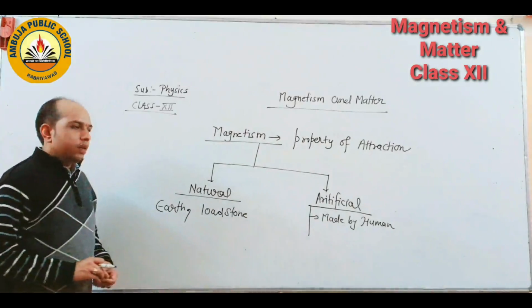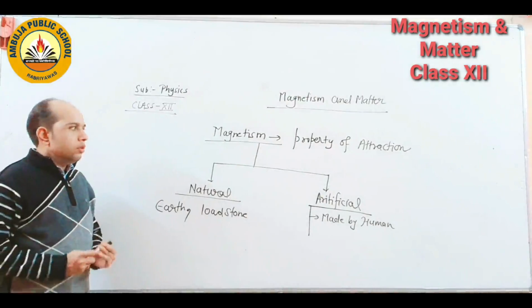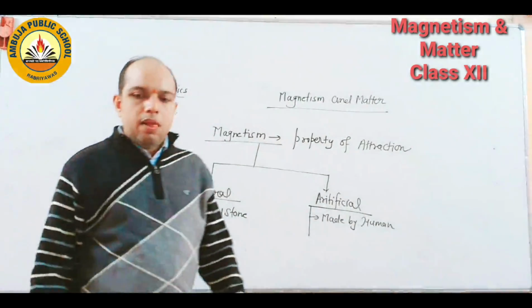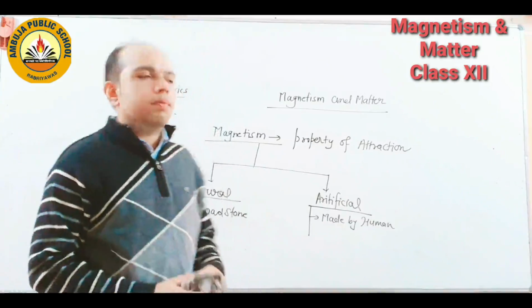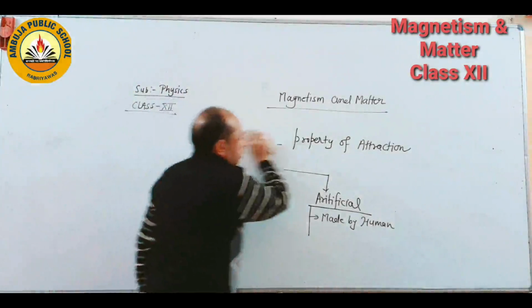So in this chapter, we have to study the magnet and its applications. First we have to discuss the properties of a magnet and how it is utilized in applications.